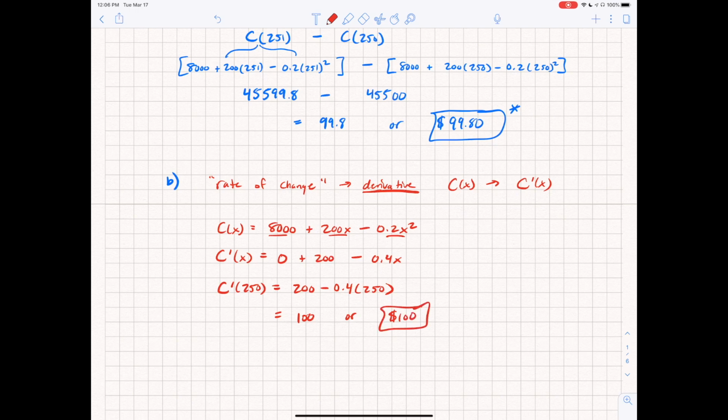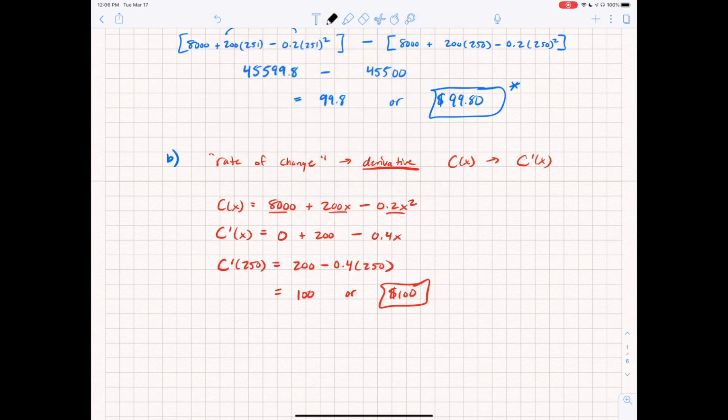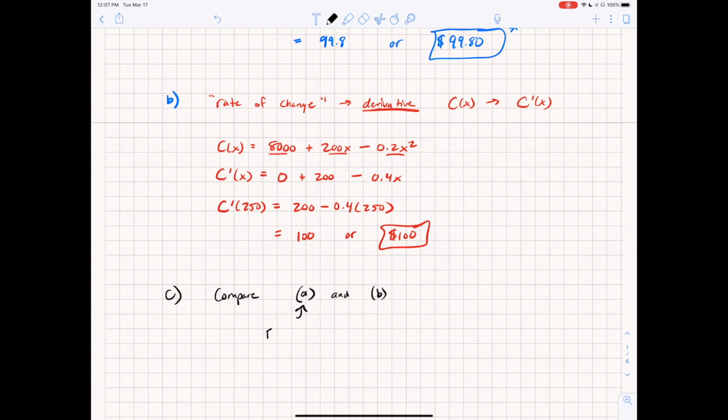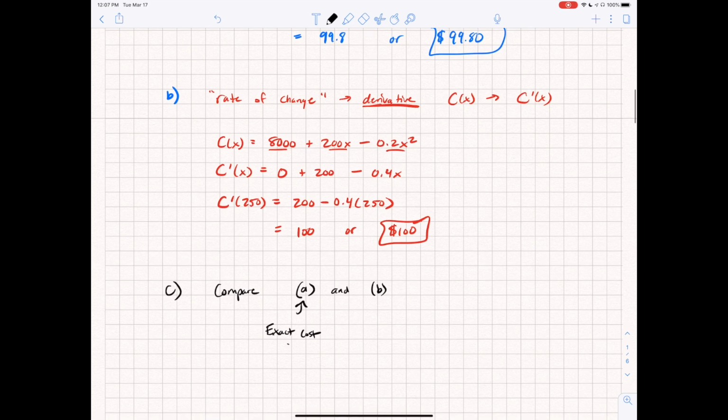All right, and so let's talk about what this essentially means, because in part C, and let me pause for a minute so you can look back at C and try to answer this. So I'll pause. Okay, so in C, we were asked to compare the results from A and B. In A, we had the exact cost of producing the 251st refrigerator, which was $99.80.